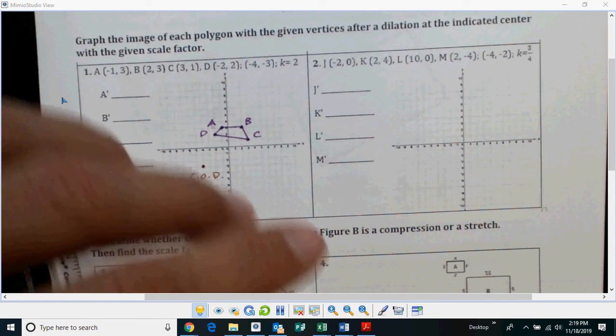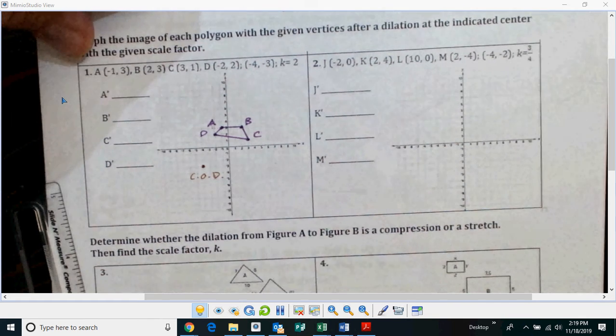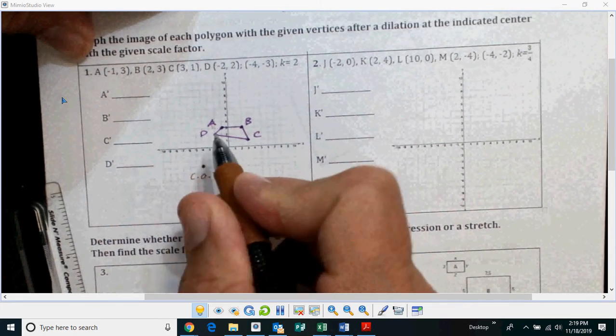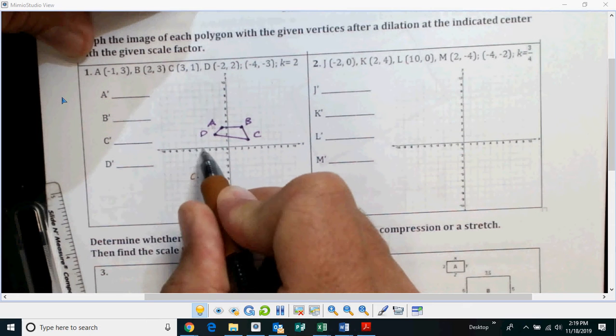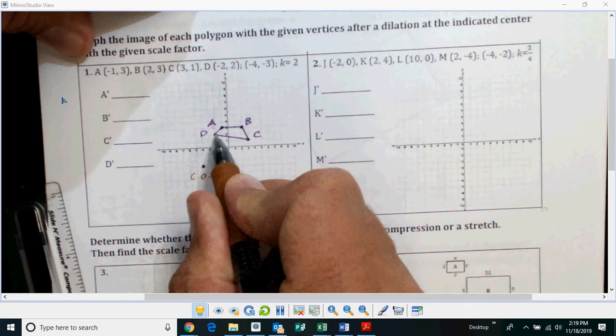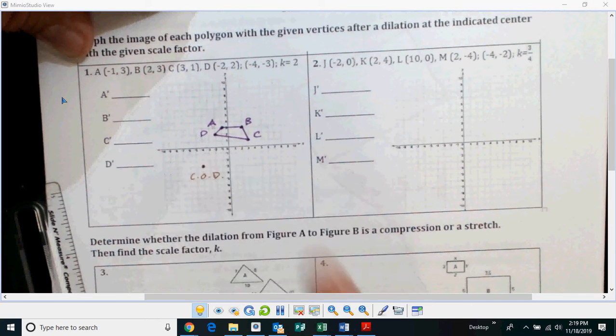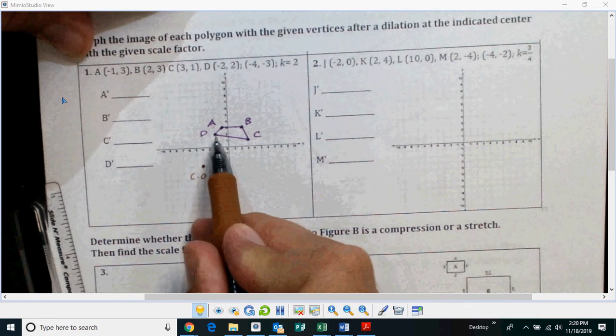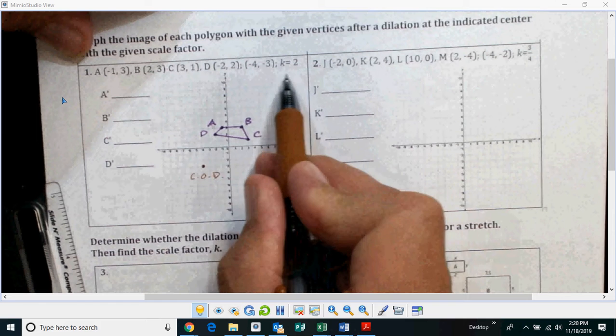Thank you. All right? So I can look at each of these points and apply that same thinking in the horizontal and vertical sense. D is the one that's closest to the center of dilation, so let's use D to begin with. If I count the distance to D, I go up 1, 2, 3, 4, 5, and over 2. So up 5 over 2. So the new D will be how many units away? It's going to be in the same direction. My K is 2.